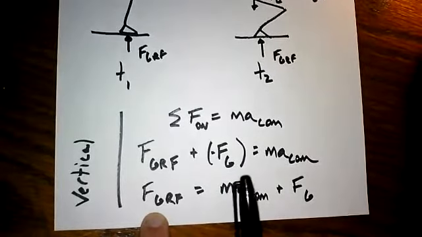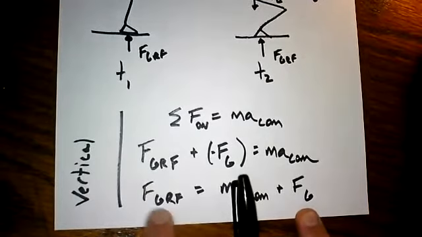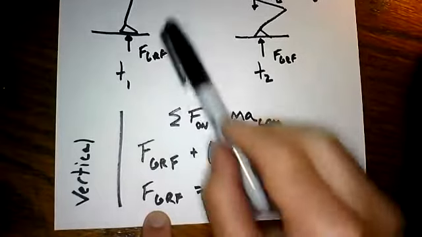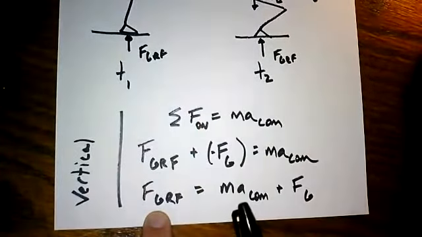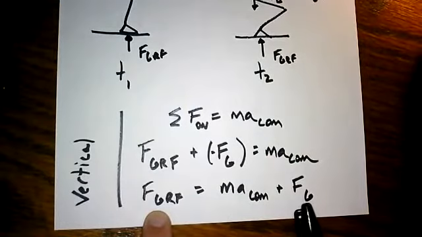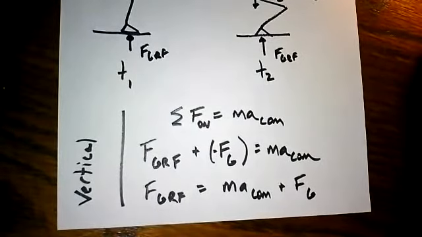But that is a situation where there's no acceleration, and this equality is true when there's zero acceleration. If there's a change in velocity, which we'll see in a second, and there is an acceleration, these two forces are not equal and opposite, and that is not Newton's third law. Only forces acting on the object enter this equation.